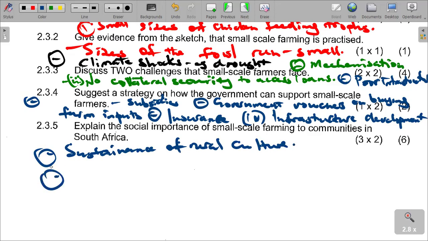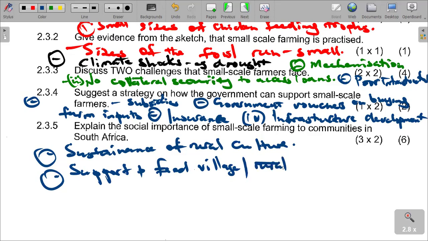We can talk about how they support and feed the village or rural population. The rural population is fed by them.